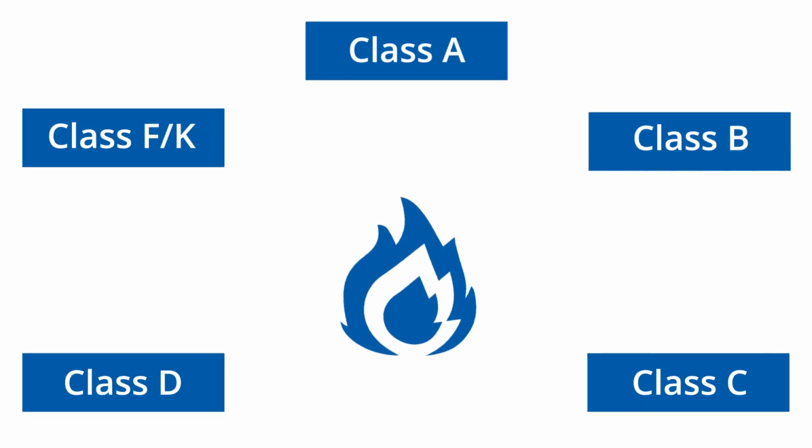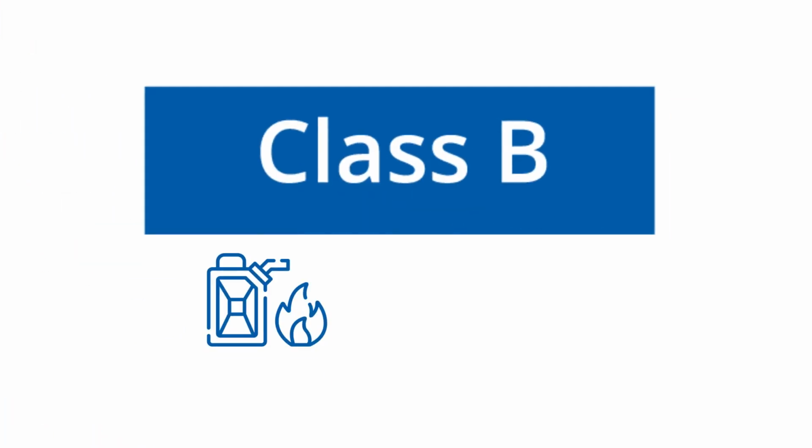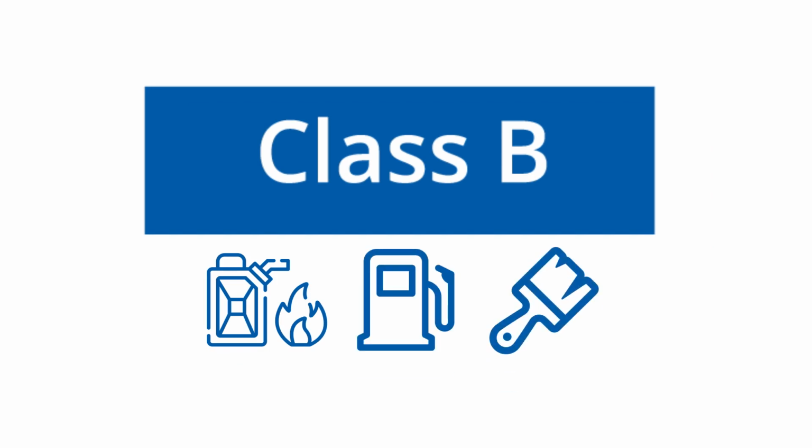Fire can be categorized into 5 classes, and these include Class A, ordinary combustible fires, which involve wood, paper, cloth, rubber, trash, and plastics. Class B fire involves flammable liquids and gases like solvents, oil, gasoline, paints, liqueurs, and other oil-based products.